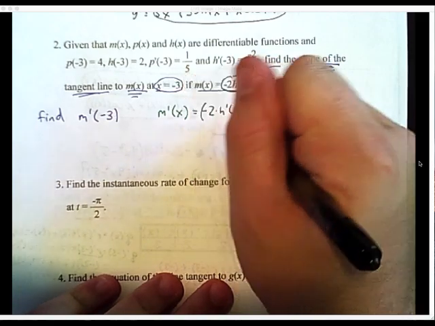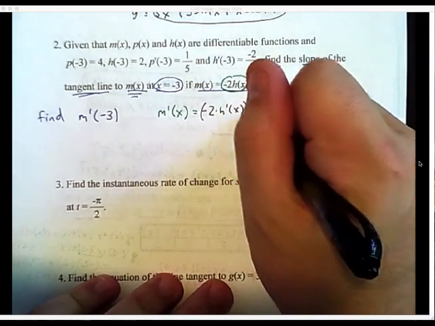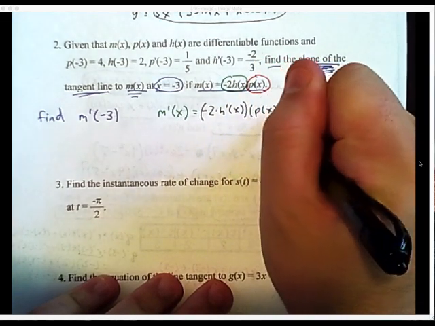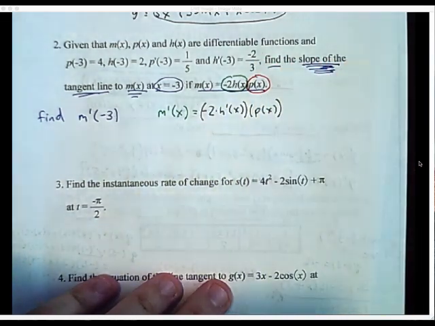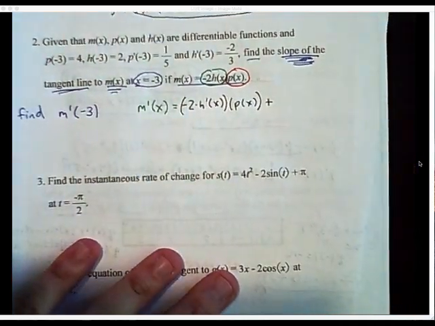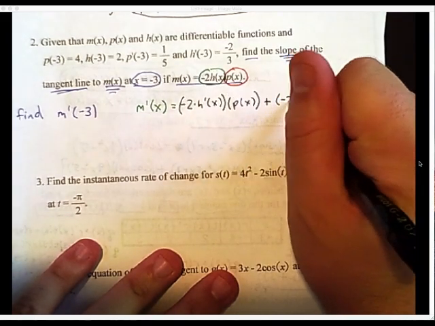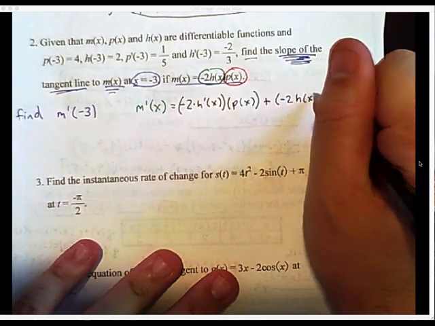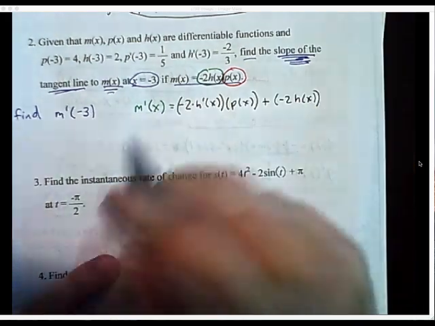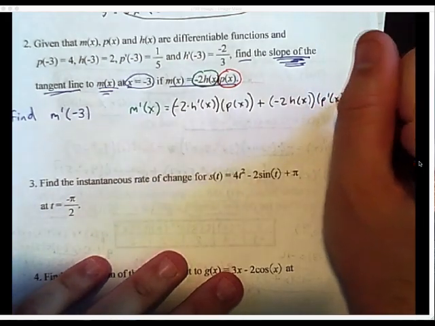So this entire thing is the derivative of the first term. We multiply that times the second term by itself. Okay. Always a plus. The first term by itself, -2h of x, times the derivative of the second term, which would be called p prime of x.